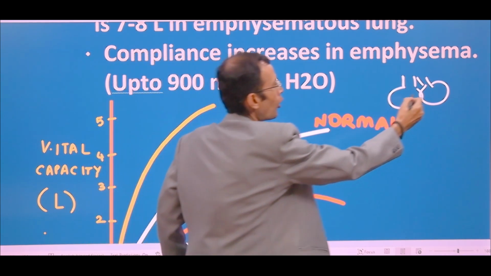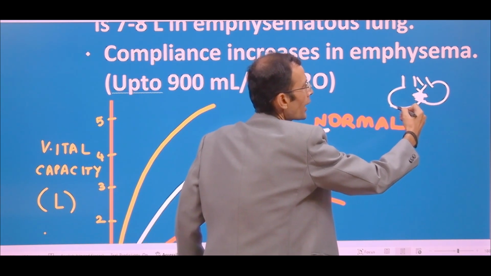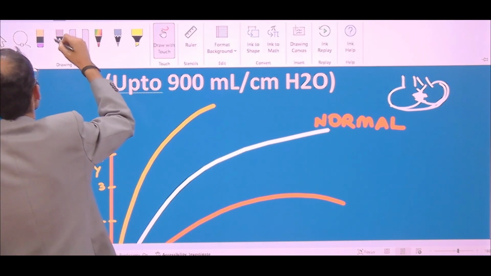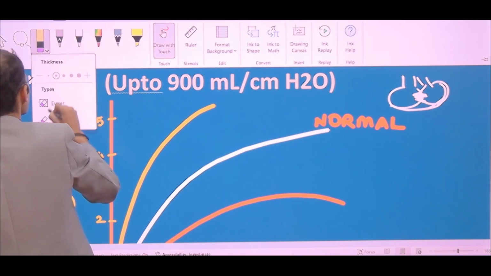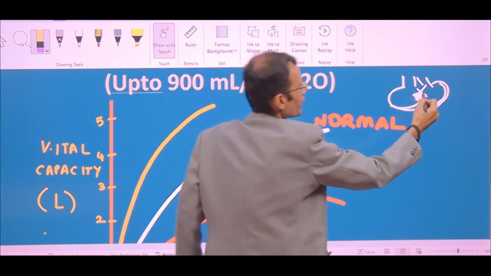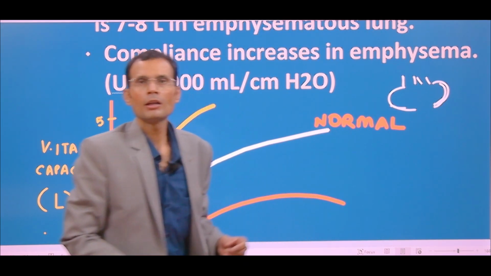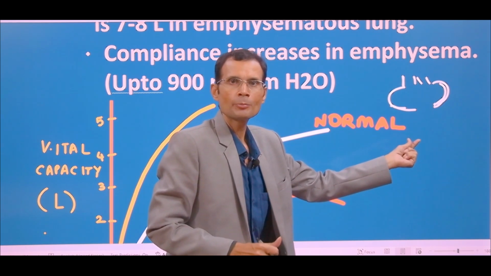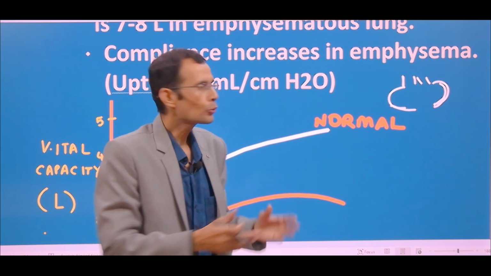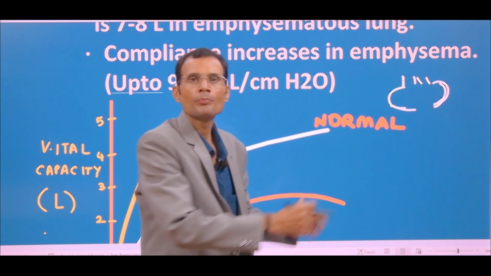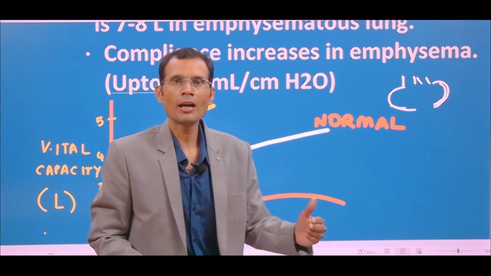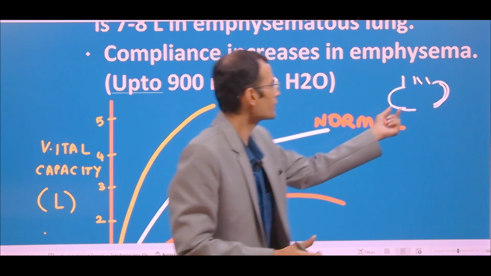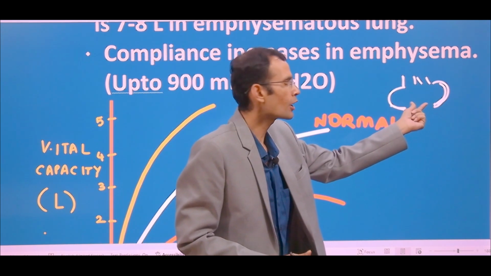If the alveolar walls are getting damaged and alveoli coalesce to form larger cavities, what happens as a result is this: when the wall was there in a normal healthy subject, some effort or work would be required to distend that alveolar wall.